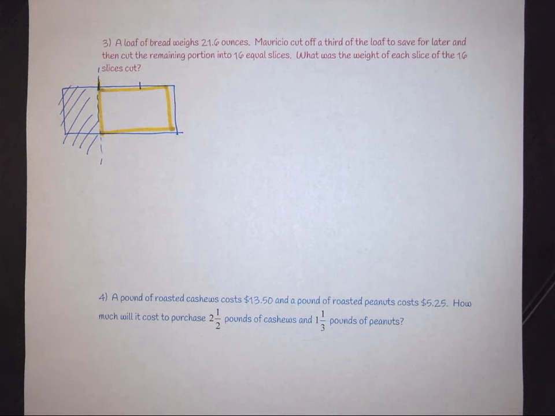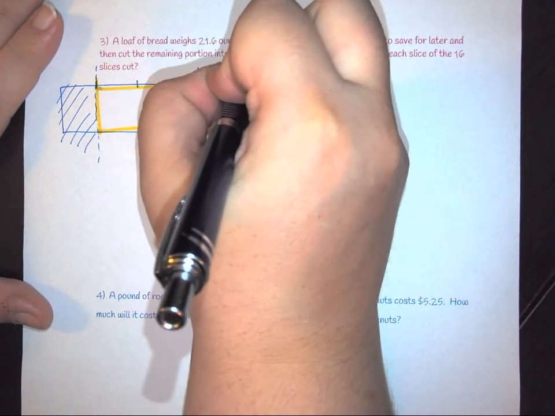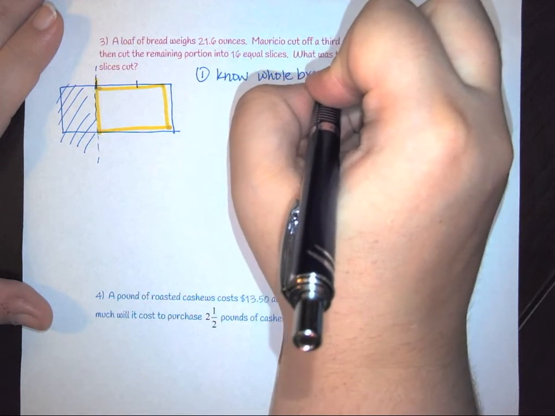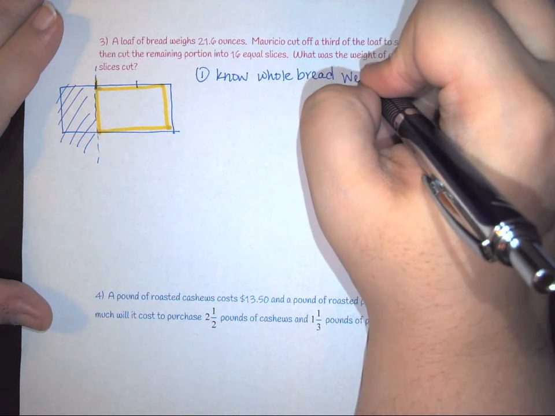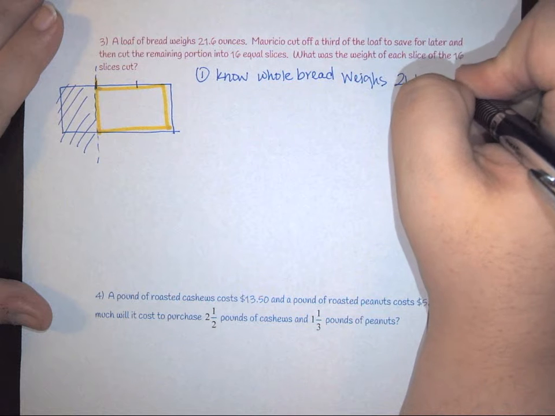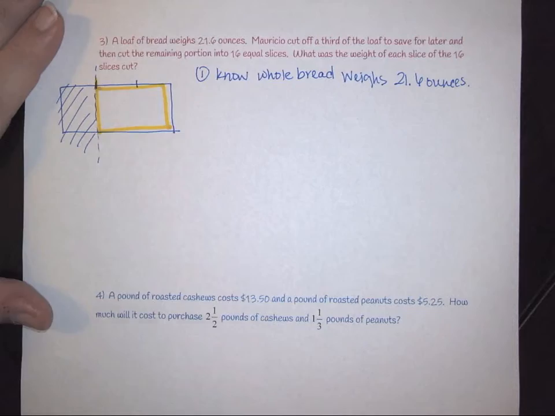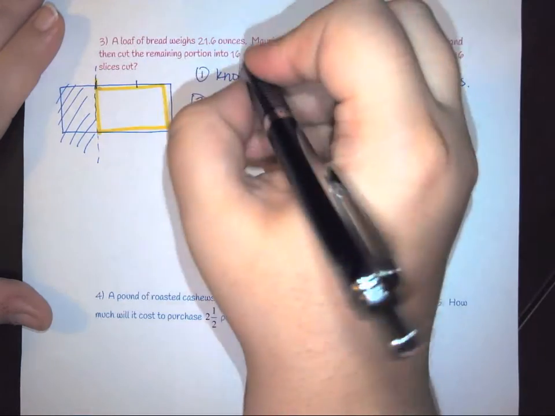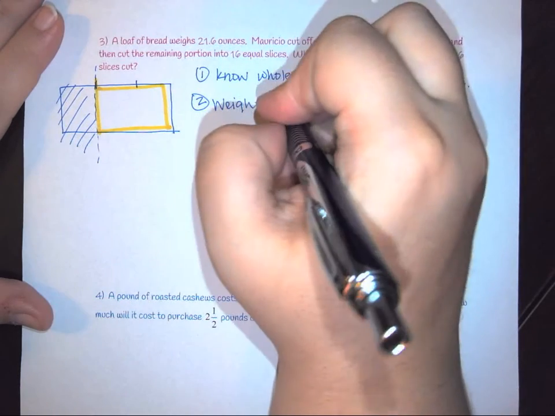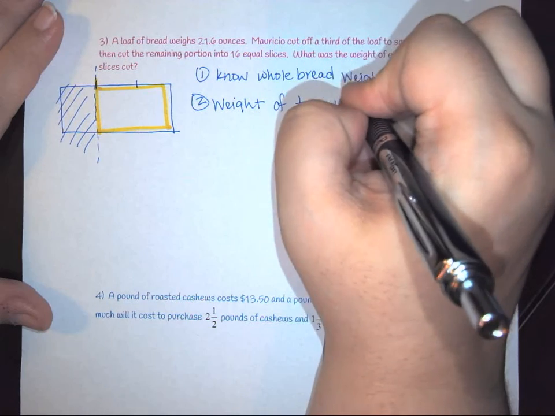So what do we know? Well, the first thing that we know is we know the whole bread weighs 21.6 ounces. So what do we need to do? Well, first we need to find the weight of the 1/3 cut off.